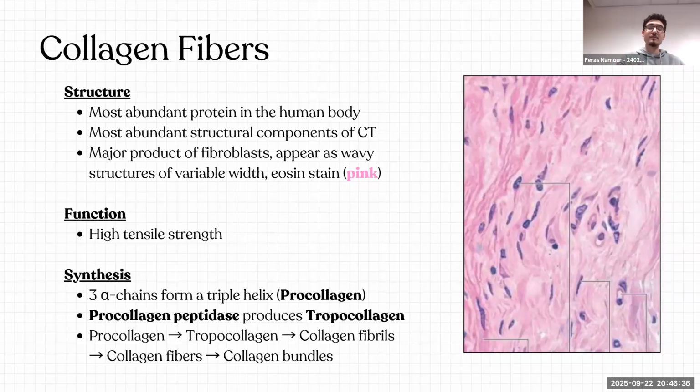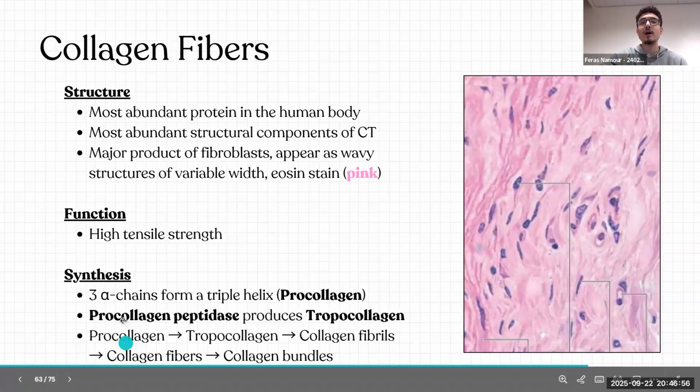The way it's made is important because in that process, there could be various variations that give us the different kinds of collagen. How is it synthesized? It's 3 alpha chains forming a triple helix. This helix, we call it procollagen, will turn into something called tropocollagen by an enzyme called procollagen peptidase.